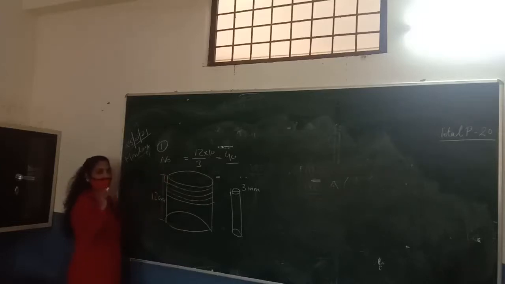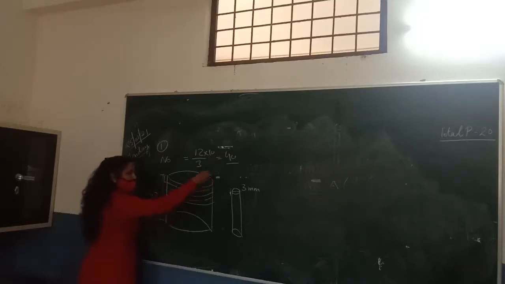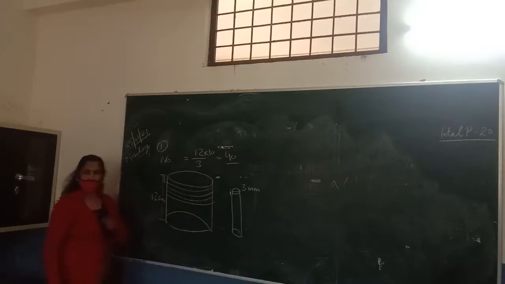Circumference of the cylinder. Because we are winding around the cylinder, the length of the wire in one round will be the circumference of the cylinder.